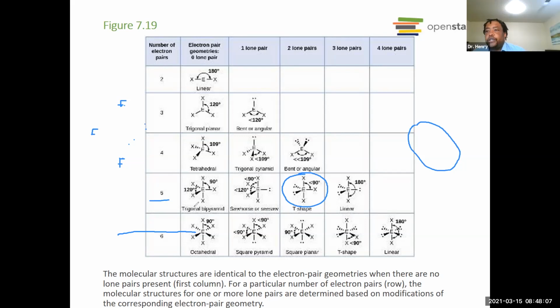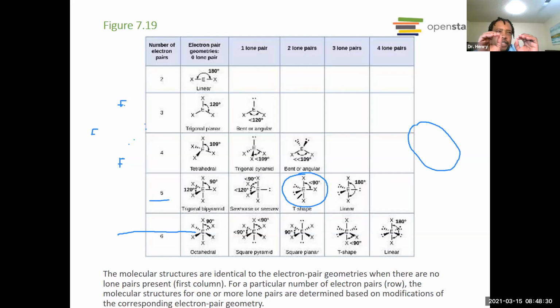Okay, so the electron pair geometry would be trigonal bipyramidal, but the molecular geometry is going to be T-shaped. Do you see the distinction between the two? The molecular geometry is what you're going to visually see if you crystallize the structure.